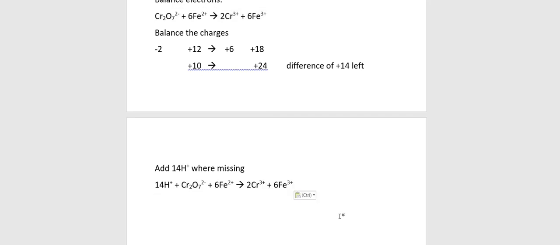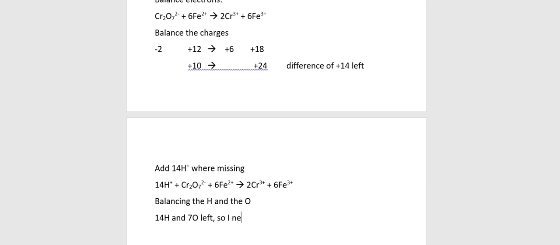So the next step was balancing the H and the O. That means now I have 14 hydrogen and 7 oxygen at the left of the arrow and none at the right.